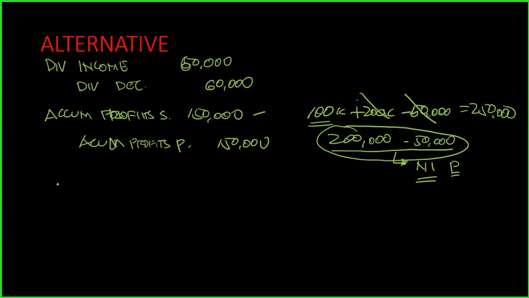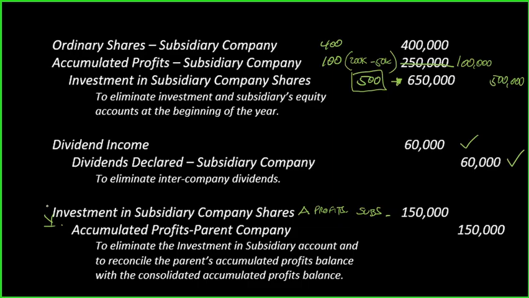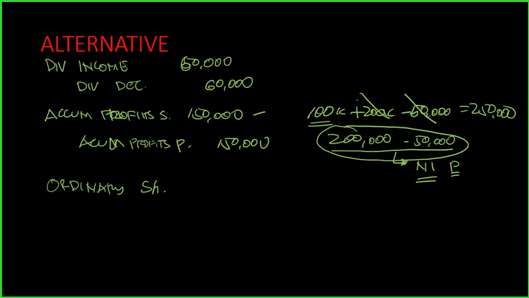Now we are left with one very easy elimination entry. Debit to ordinary shares. Okay. Debit to, are we using share premium? Accumulated profits pala. Debit to accumulated profits, okay, which is, this one is 400,000. And look, 100,000 na lang.